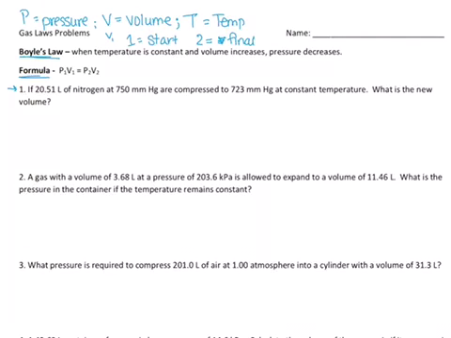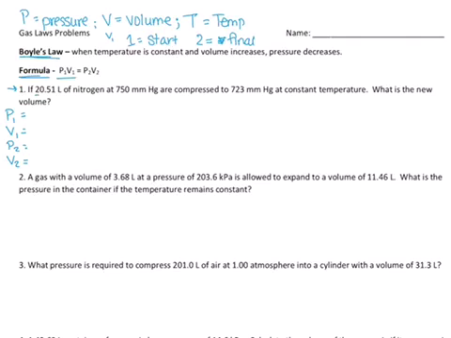If 20.51 liters of nitrogen at 750 millimeters of mercury are compressed to 723 millimeters of mercury at a constant temperature, what is the new volume? What I like to do is list our variables from the formula. So we have P1, V1, and a P2 and a V2 along the left-hand side, and fill in what we're given with the problem.